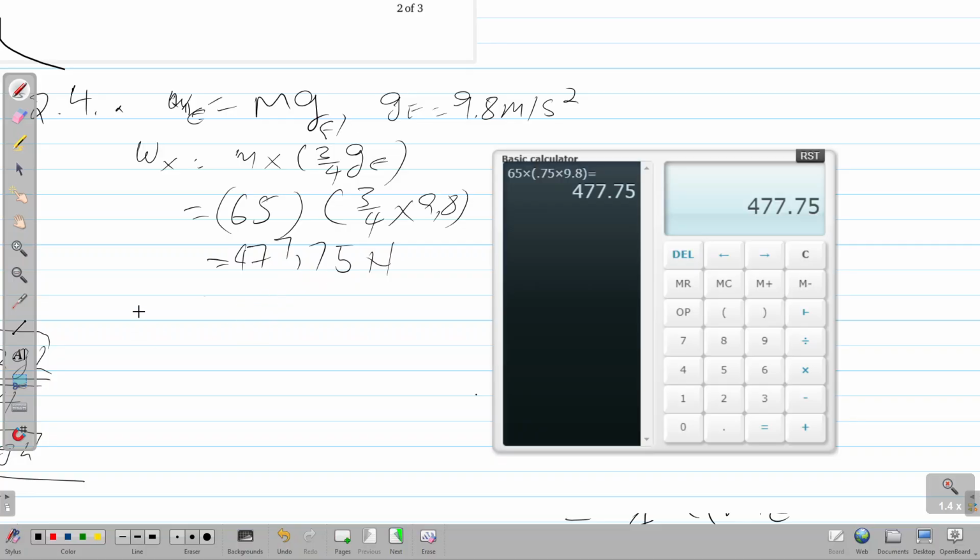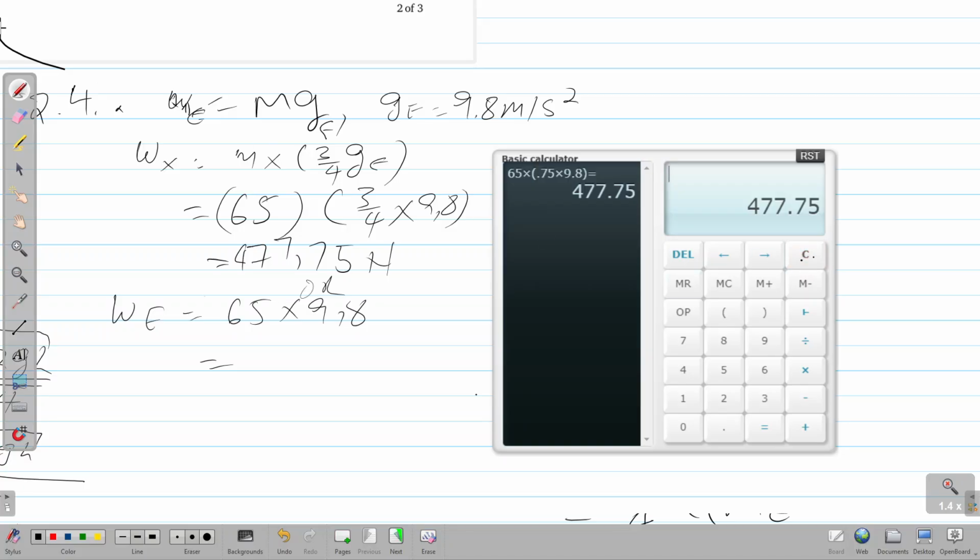That is the numerical value, 477.75. Of course, you could have calculated it this way: weight on Earth is 65 times 9.8, which is approximately 650.